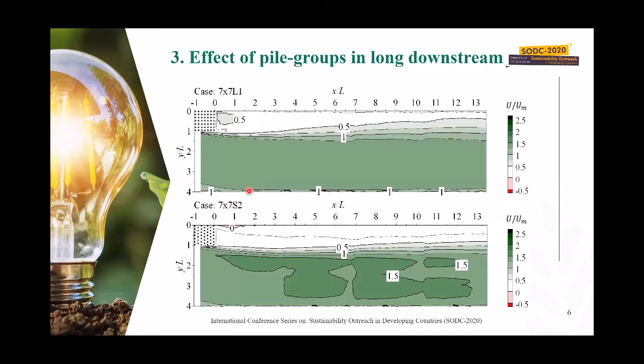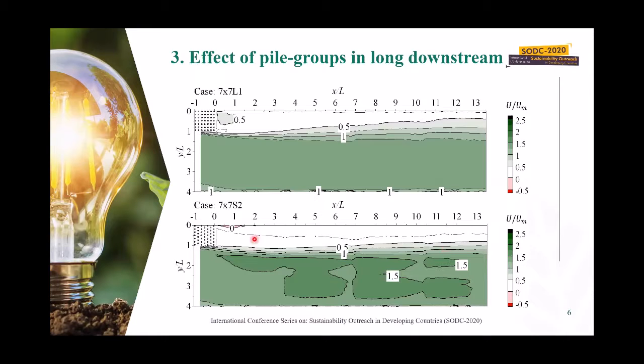Again, we can see here that type L1 has a recovered flow velocity quicker than type S2. The flow velocity recovers quickly in the L1 type in the far downstream compared to type S2.